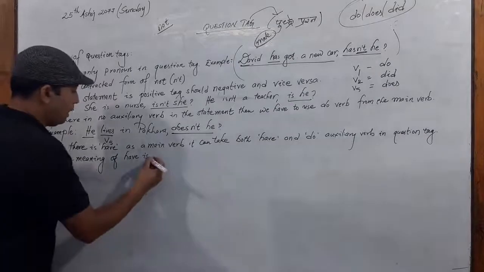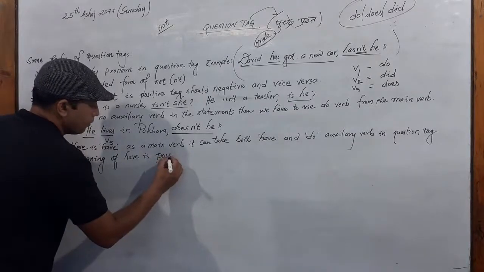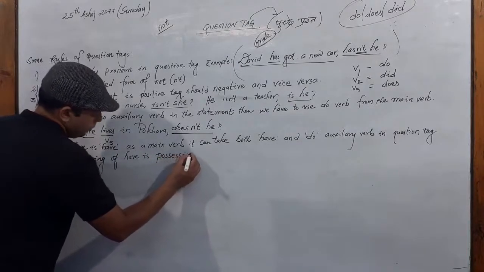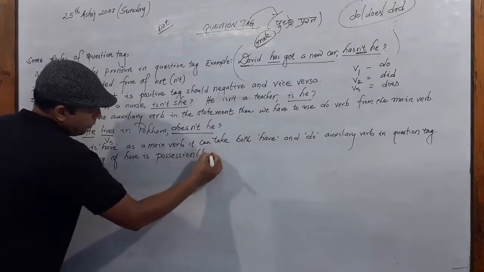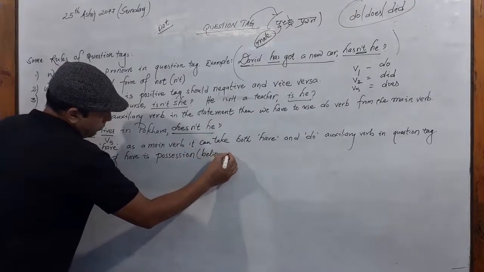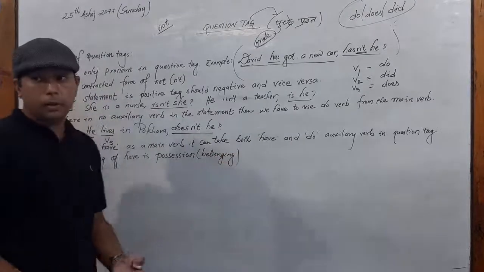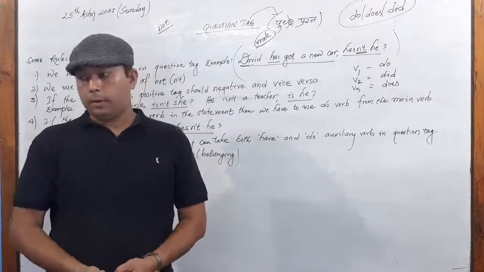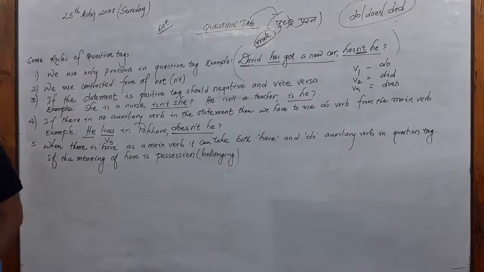Okay. Have is possession. Possession means belonging. कसैको अधीनमा रहन्छ. Okay.